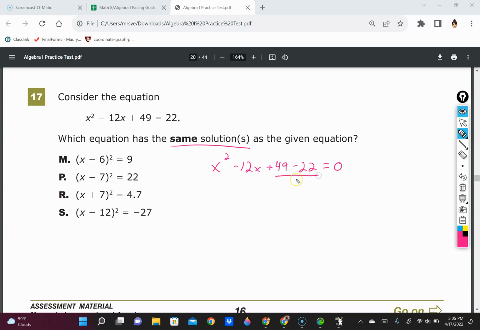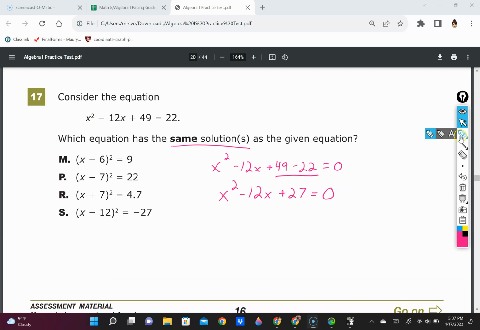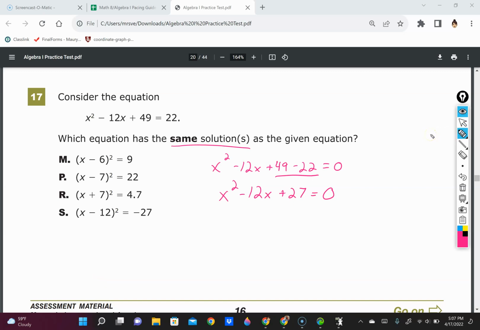So 49 take away 22 gives me 27. So x squared minus 12x plus 27. And since I noticed that the answer choices look very similar to vertex form, I'm going to use my axis of symmetry and put this in vertex form.